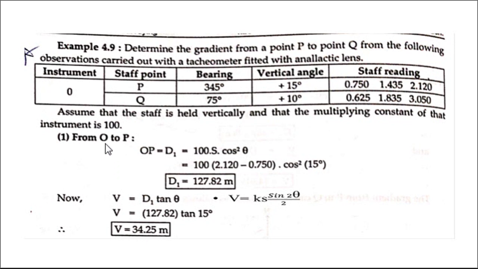Now see, when we are observing from instrument station O to P, the horizontal distance between O and P can be calculated by the formula D is equal to Ks into cos square theta.